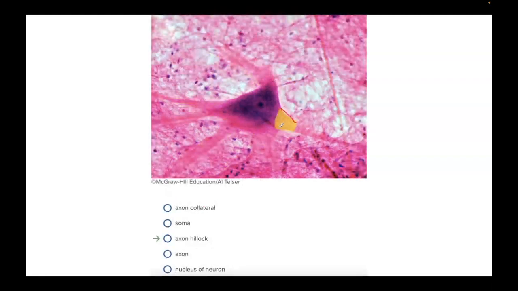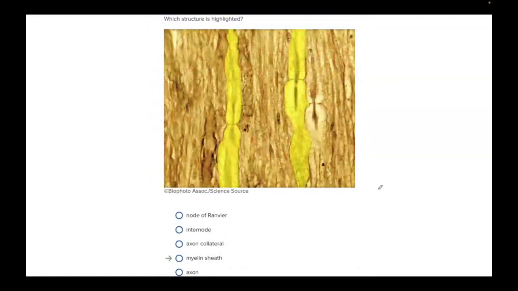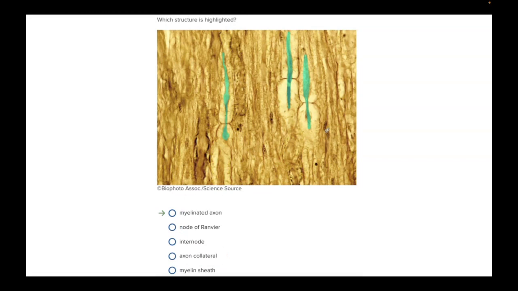What's that dilated section of the axon just off the cell body? Well, that's the axon hillock. Okay, in the center over here, this is the axon. Okay, what's surrounding it is the yellow, so that's the myelin sheath. That's the fatty cholesterol lipid substance that surrounds the axon. So that is the myelin sheath that's made by those Schwann cells.